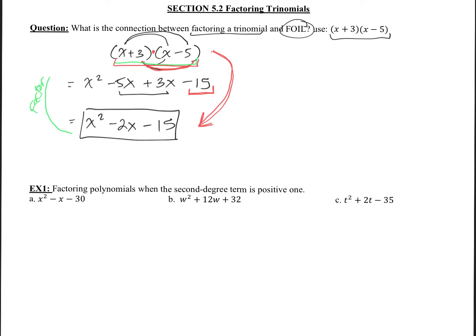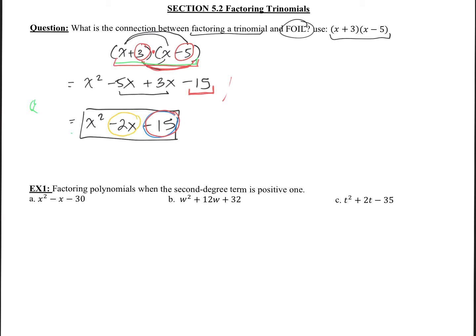Well, if you'll notice, the last term, the negative 15, where did it come from? It came from, let me back up here, wrong color. It came from the last two terms being multiplied together. And then the other question is, where does that negative 2x come from?